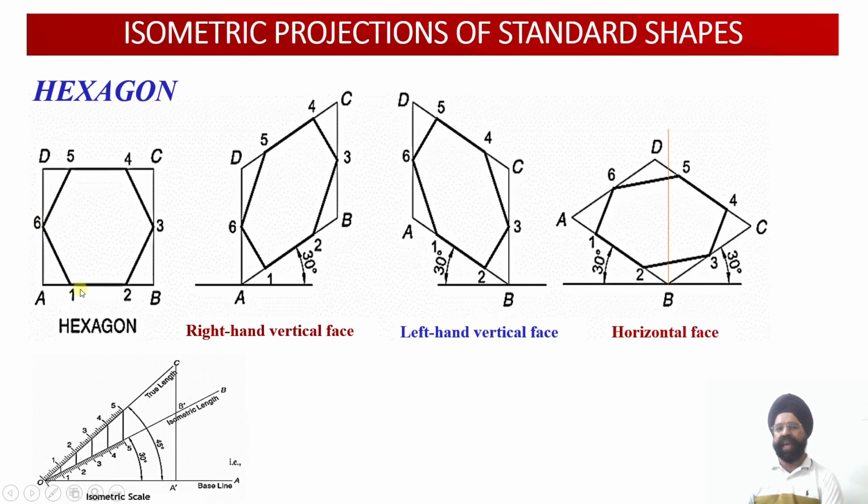So whatever is the edge length given to us, corresponding to the edge length, I am going to make a construction of the hexagon here. Once I complete this hexagonal geometric construction to true length, then I am going to inscribe this hexagon into a rectangle.